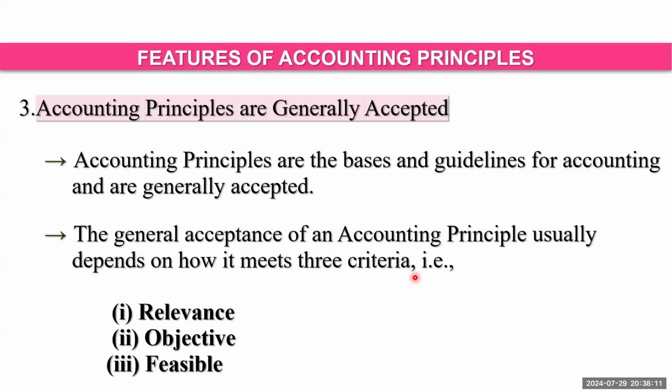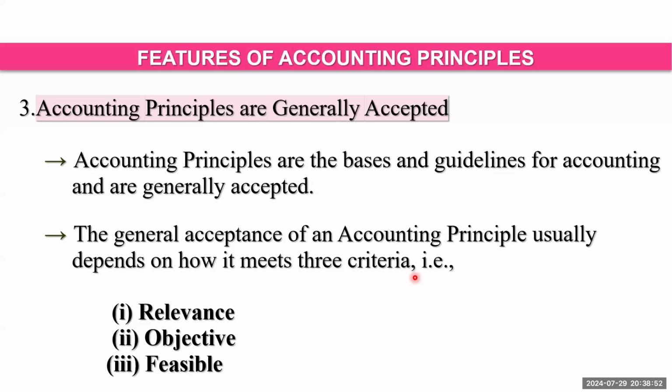The second point, what is objectivity? Objectivity means that the principles are not influenced by the personal bias of the persons preparing the accounting information. It is not affected or influenced by the judgment of the accountant. It should be universal, understandable, and comparable to everyone. Then only it will be considered as objective.